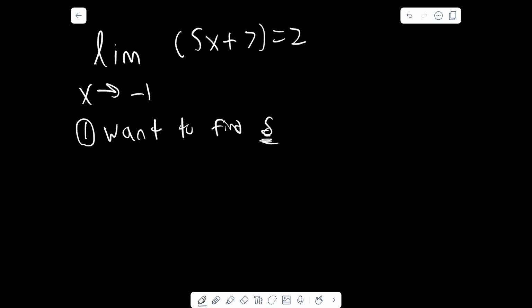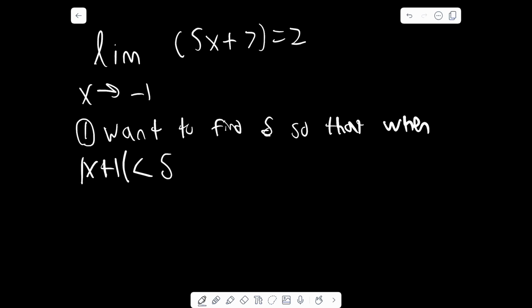This d right here is delta, or that d looking thing, so that when the distance between x and negative 1, which is the absolute value of x plus 1, is less than delta, the distance between the 5x plus 7 and the 2 is less than epsilon.